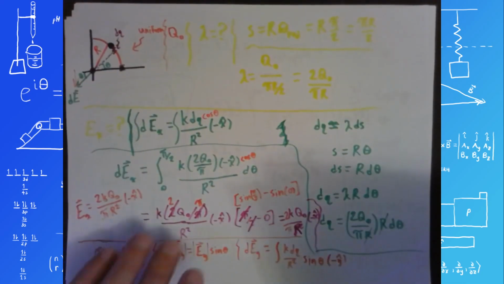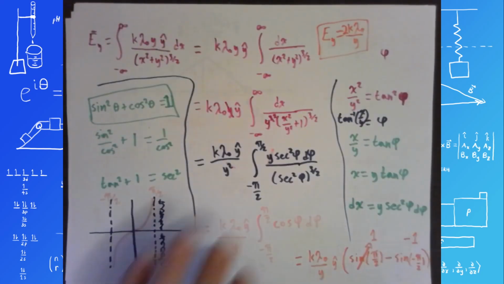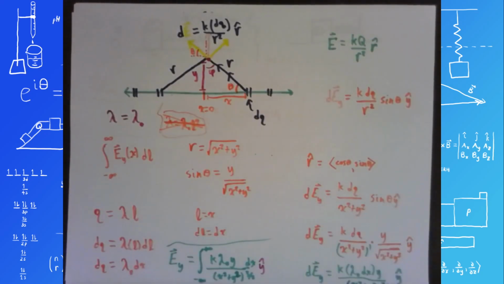Okay, so if we compare this to what we did last week, we calculated the electric field due to an infinite line of charge, did we not? I'm pretty sure we did. Yes, we did.